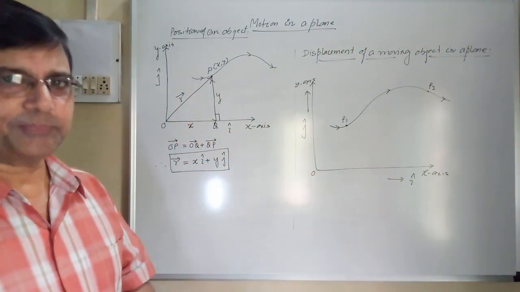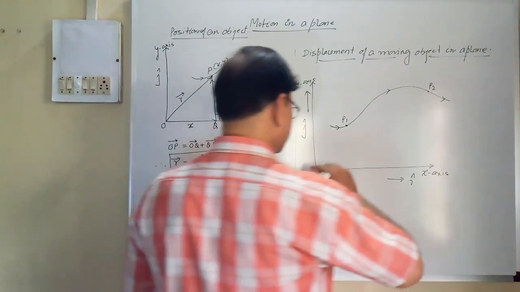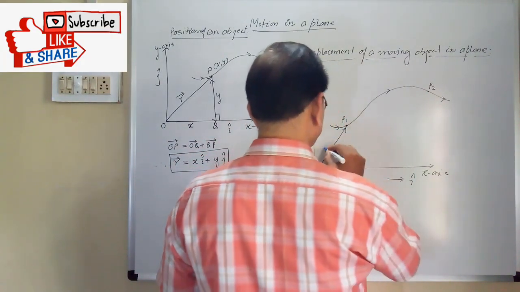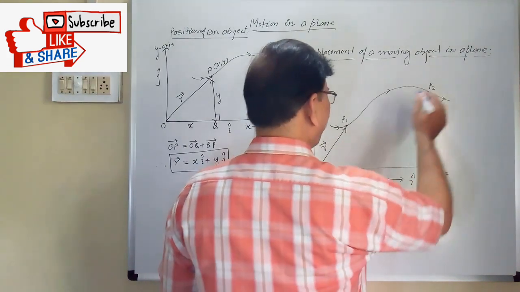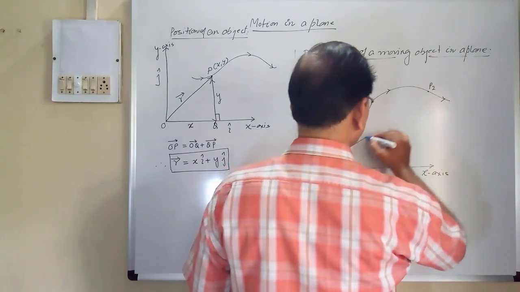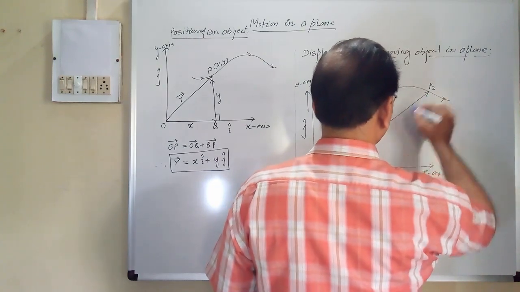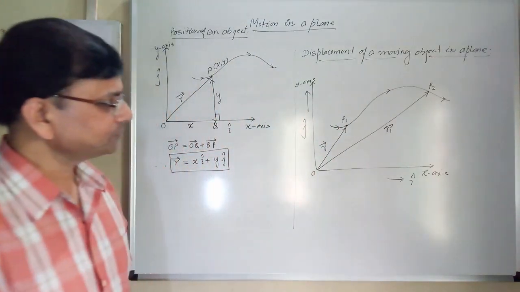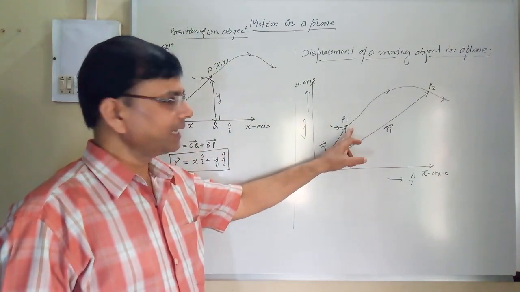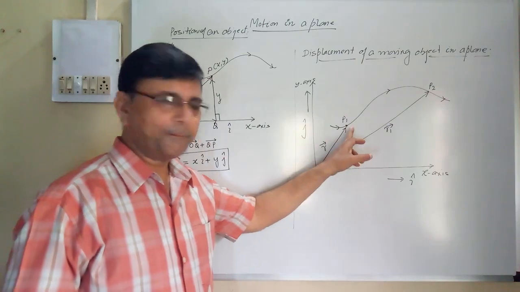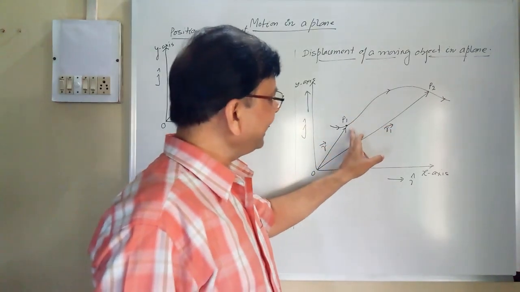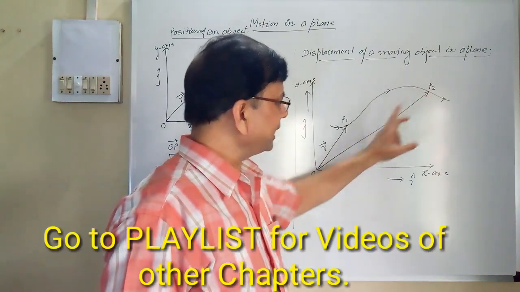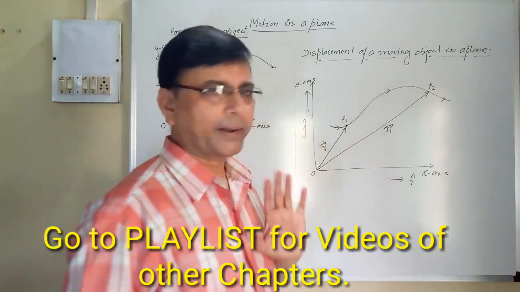Then what is the displacement we will look at? Suppose this is the position vector r, and when it reaches over here, the new position vector is r1. r is the position vector initially at a certain time t, then after some time it came to P2, and this position has the position vector r1.